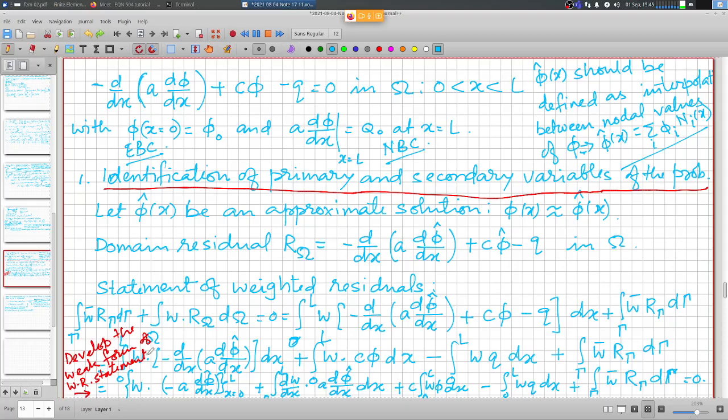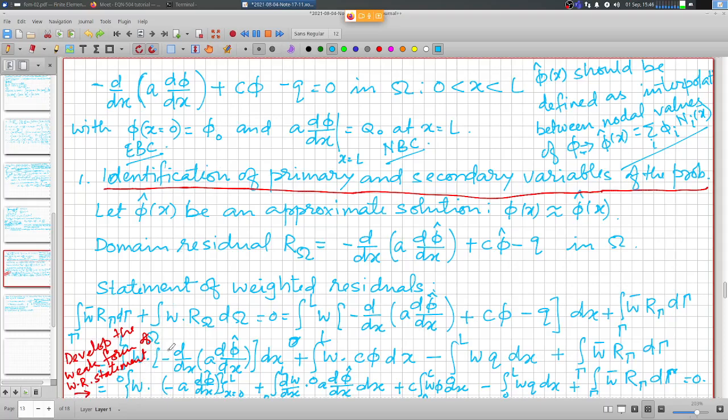And when you achieve this, you stop, and then you look at the boundary term of this weak form. Whatever is the coefficient multiplier of the weighting function term w is what is referred to as the secondary variable. And in the weighting function term, you substitute the unknown of the governing differential equation. In this case, phi is the unknown, so you replace w by phi.